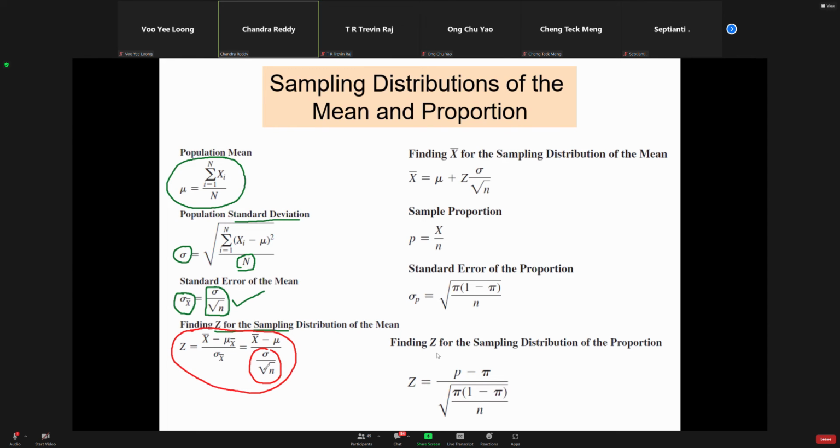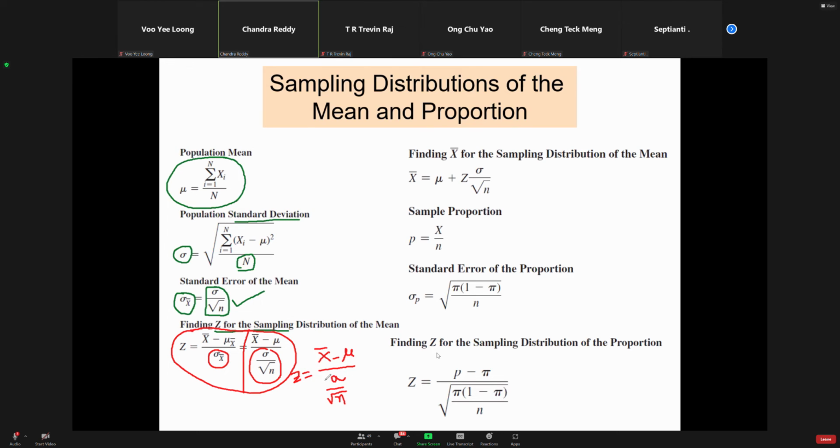Here x bar is the sample mean, mu is the population mean, sigma is the population standard deviation, and n is the sample size. So the Z statistic formula changes for sampling distributions.